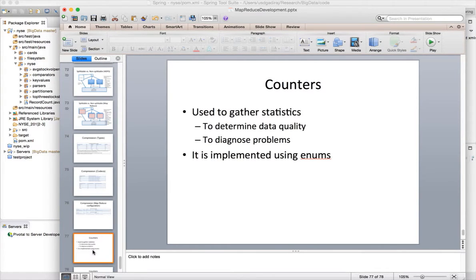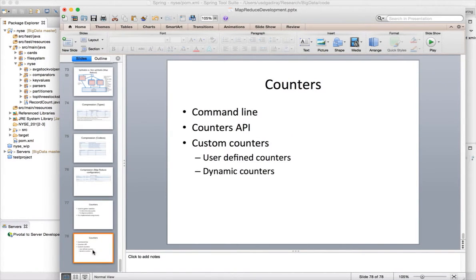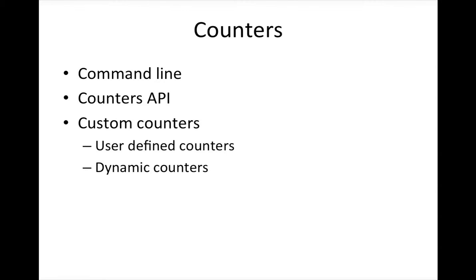It is primarily implemented using Java feature called enums, and there are predetermined counters, and those predetermined counters can be seen using command line counters API by writing simple Java programs. And also, if you want to add custom counters to get more information about your MapReduce program, you can do that also.